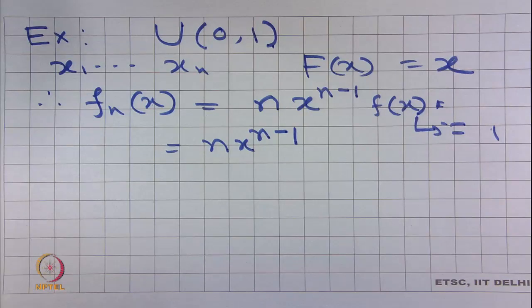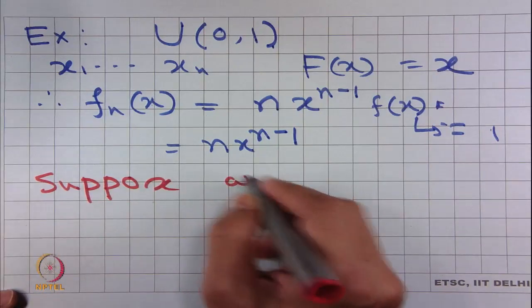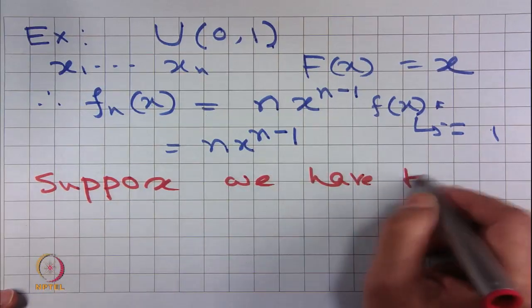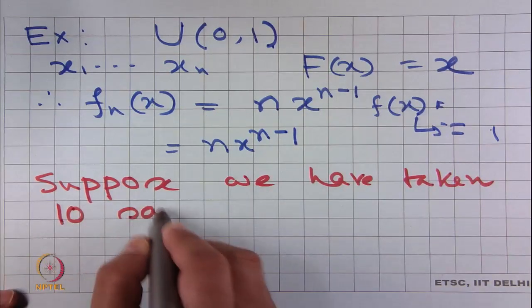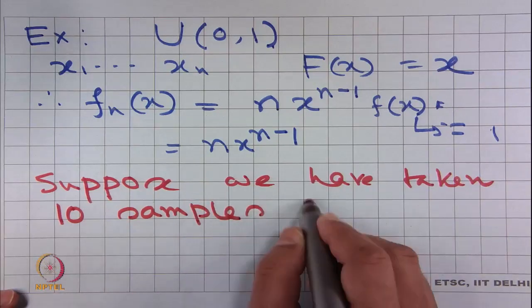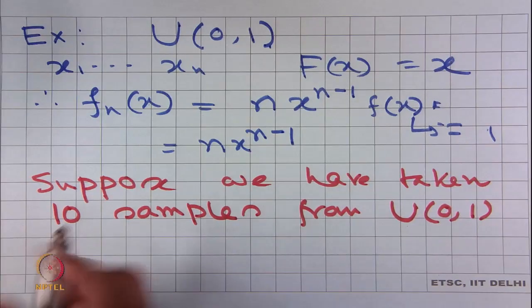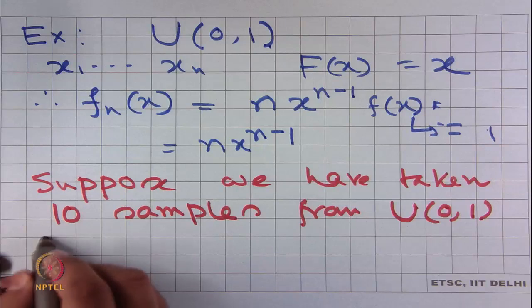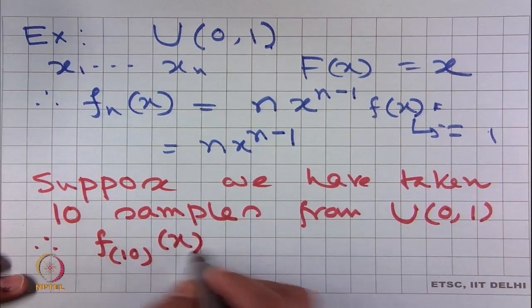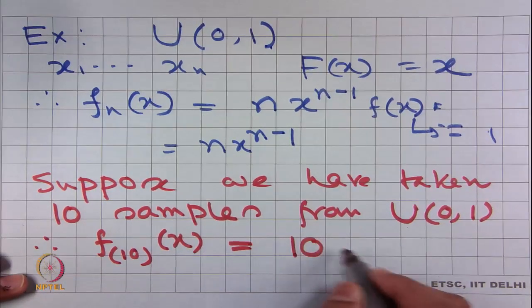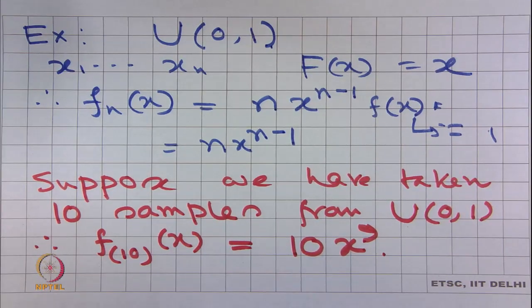So, suppose we have taken ten samples from uniform 0 1. Therefore, f_10(x) is equal to 10 times x^9, right.